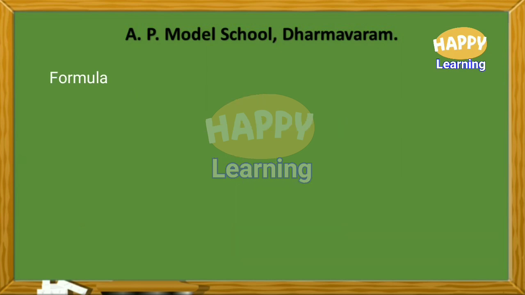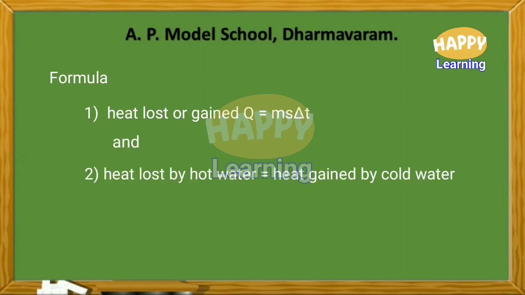Formula number 1. Heat lost or gained Q is equal to ms delta T, and heat lost by hot water is equal to heat gained by cold water.